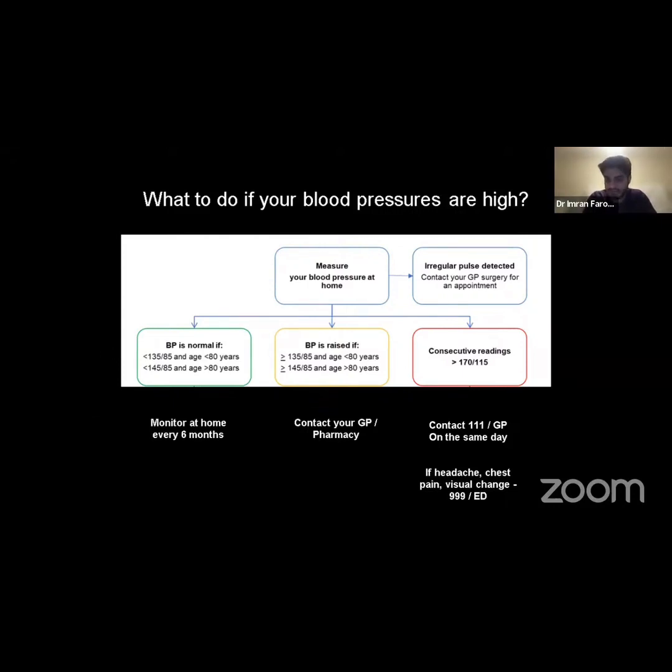But I've also written here that if you've got a very high blood pressure and you're having headaches, chest pain, or any form of change to your vision, then you need to call 999 or head straight down to the emergency department, because that's a worrying sign. Very, very rare, but it's worth us all knowing about, because on the odd occasion it can happen. But really, the middle column is the important one to know about.